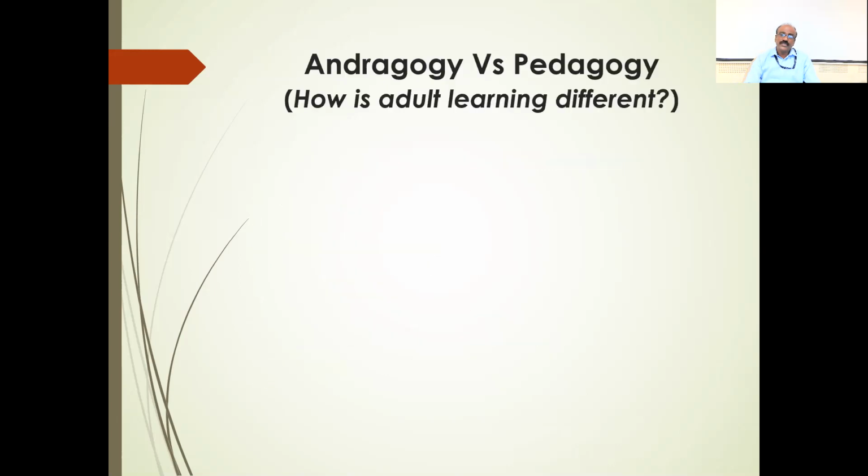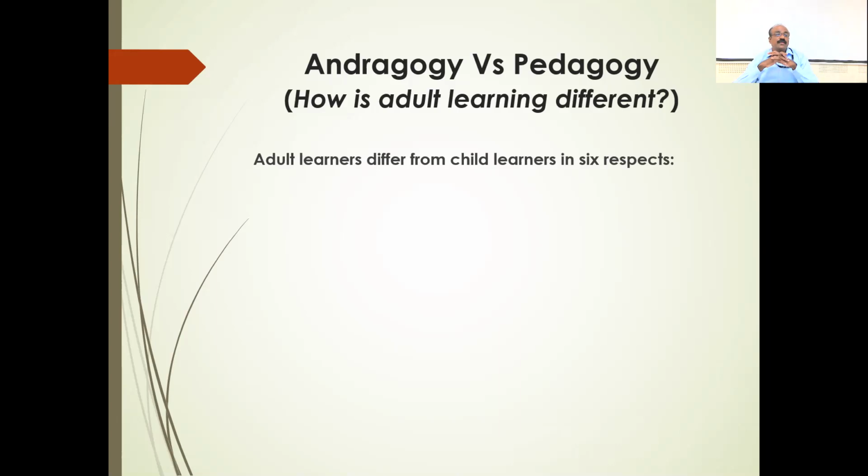Now let us see what is the difference between how children learn and how adults learn, or otherwise it is andragogy versus pedagogy. How is adult learning different? Adult learners differ from child learners in 6 respects.